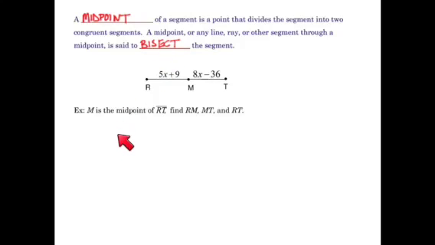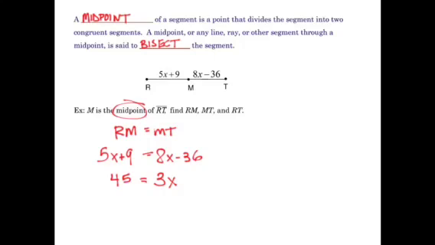So if down here, if I'm given that M is the midpoint of my whole line segment, that means that the distance from R to M and from M to P are going to be the same. So we can set up an equation using our expressions and solve for x. So if we solve for x, I get x is 15, and then we can use that to answer the questions.